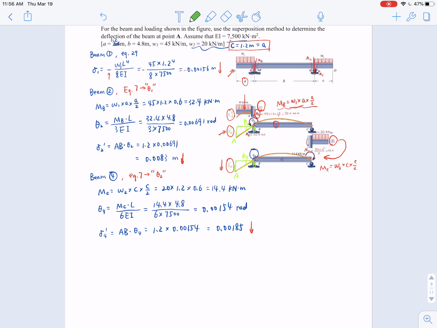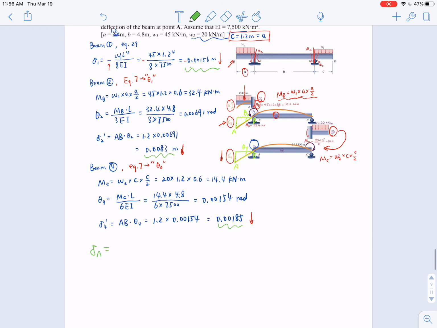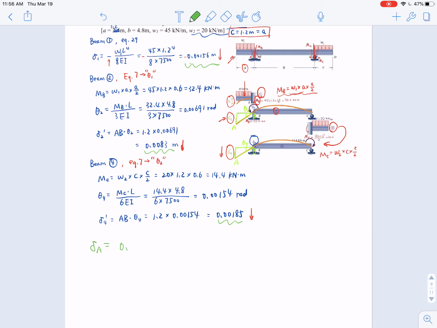So in the end, the overall deflection at point A can be calculated by summing all three components. All of them are downward deflections, so you just add them together: 0.00156 plus 0.0083 plus 0.00185.